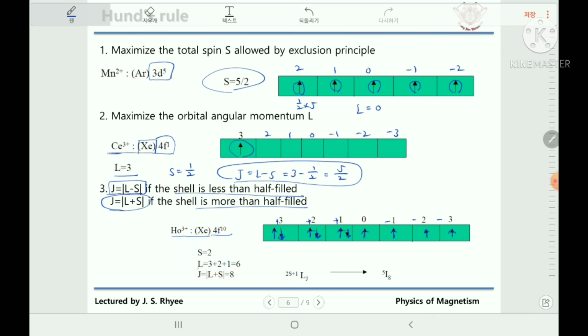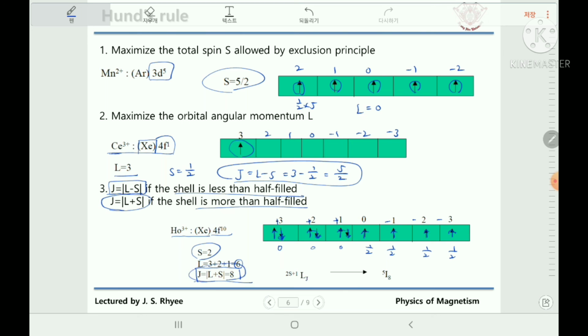In this case, the spin up ones cancel with each other, and for the spin down ones, 3, 2, 1, the total angular momentum is 6. The spin angular momentum is that 1/2 and minus 1/2 cancel, leaving 0, 0, 0, and 1/2, 1/2, 1/2, 1/2. Therefore, the total spin is 2. Because it is more than half filled, the total J is L plus S. Therefore, it is 8.